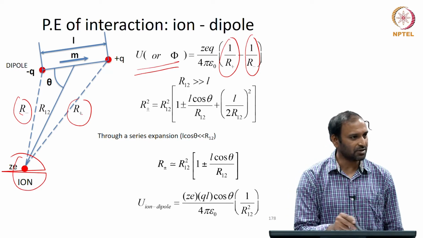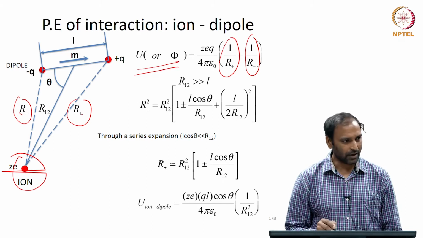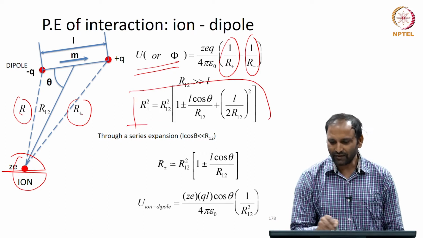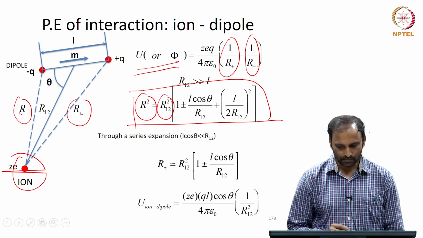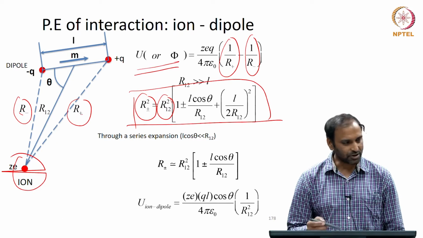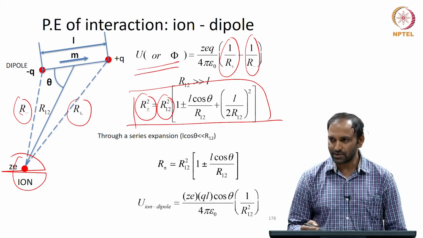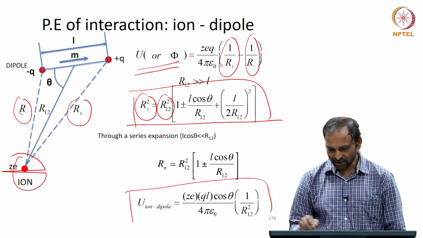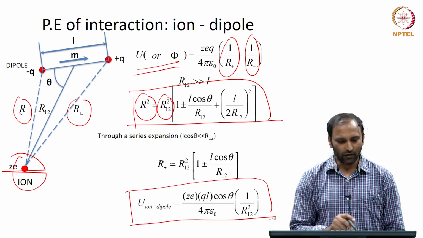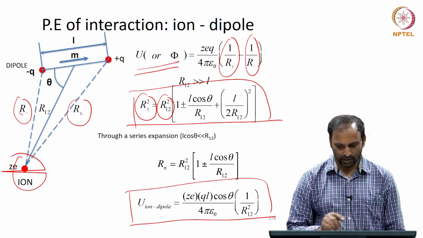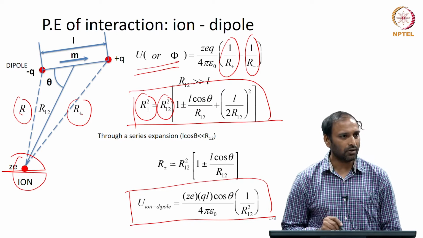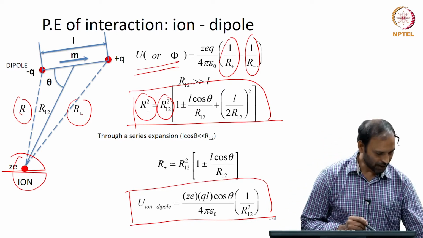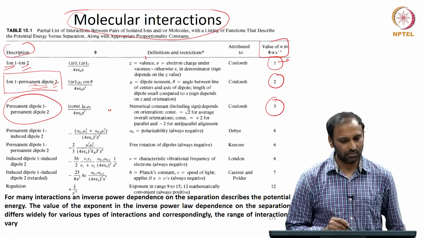These are just these two separation distances. Of course, I can derive an expression that connects these distances to R12. If you use the approximation and do some simplification, it turns out that the interaction between the ion and the dipole for any arbitrary orientation goes as ZEQL cos theta divided by 4 pi epsilon naught into 1 over distance square. So, that is this term.